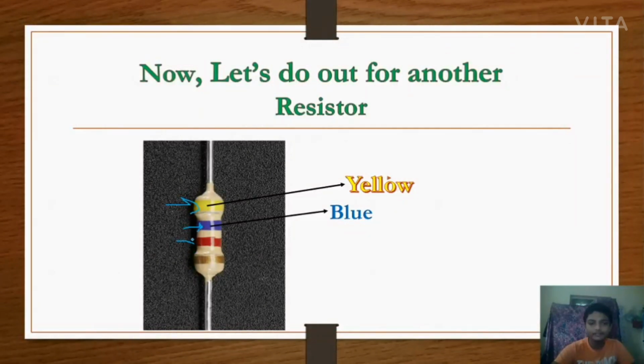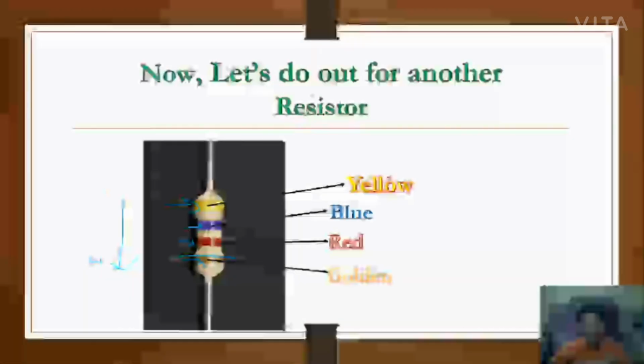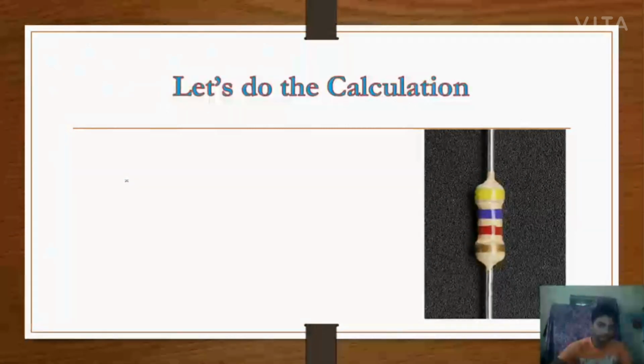It is none other than red. And this one is golden. So band 1 to band 4, it will be from this direction. As golden is at the bottom, it will be band 4, and this topmost will be band 1.